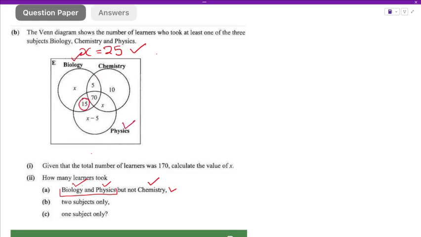These are the learners who took biology and physics only. These ones only took biology, so they don't qualify because they also need to be taking physics. These ones only took physics. They didn't take biology, so they don't qualify. So it's only that region I've circled here. So you're simply going to say A, 15 learners, and you're done.